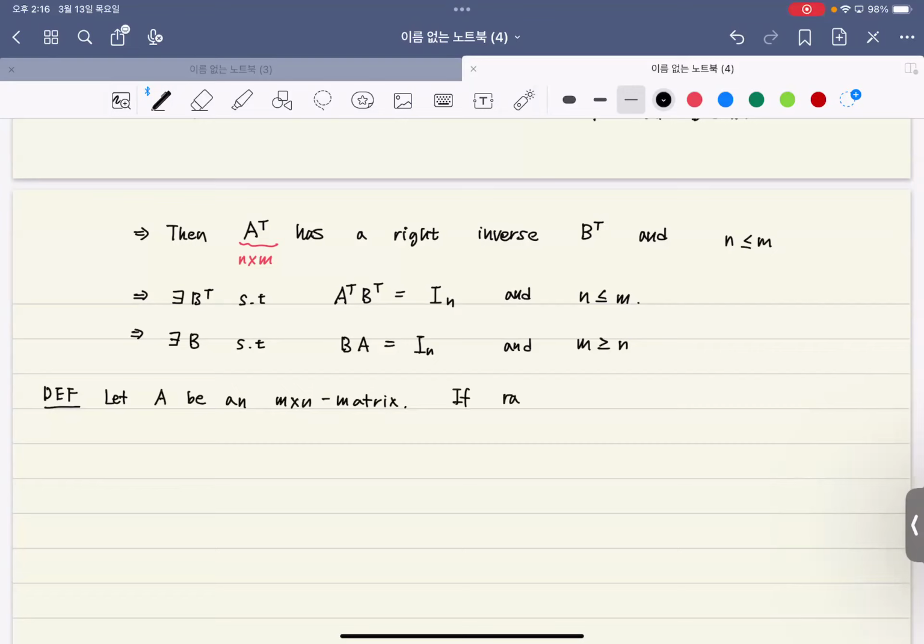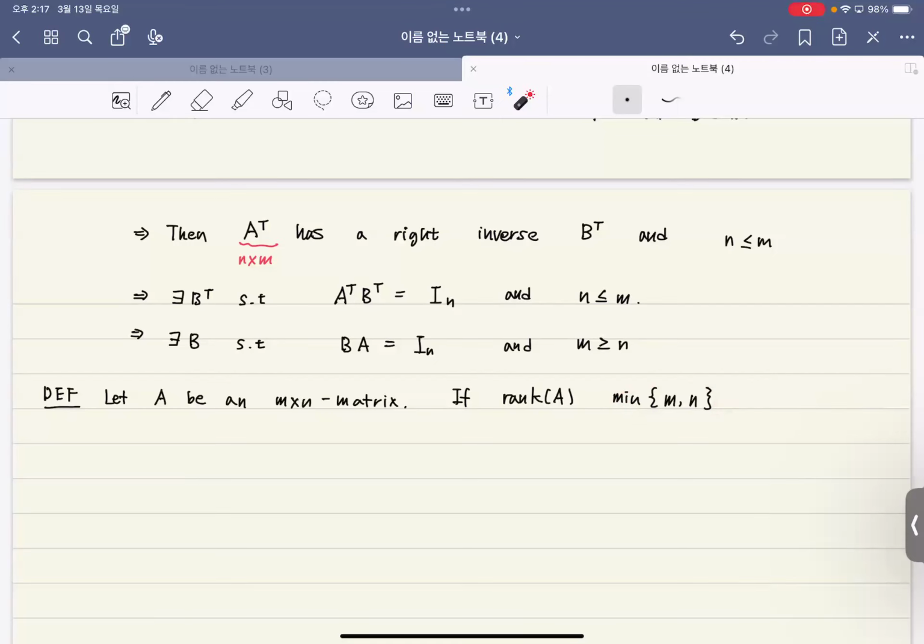The maximum possible number of linearly independent columns is the minimum of m and n.